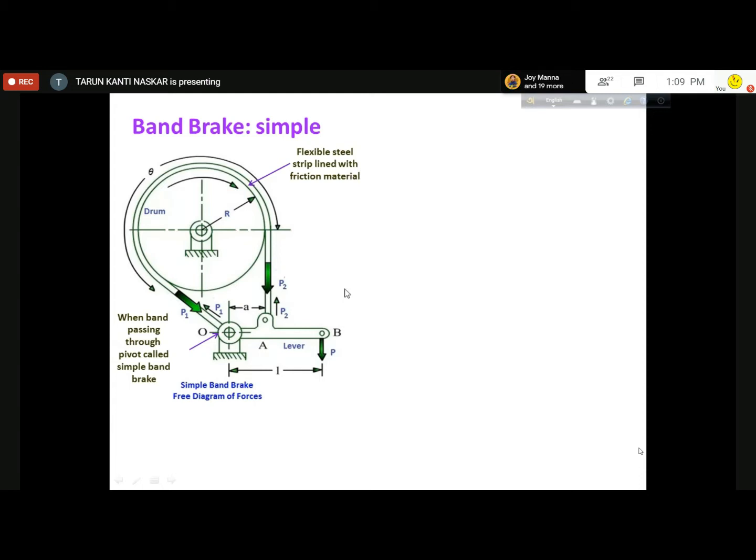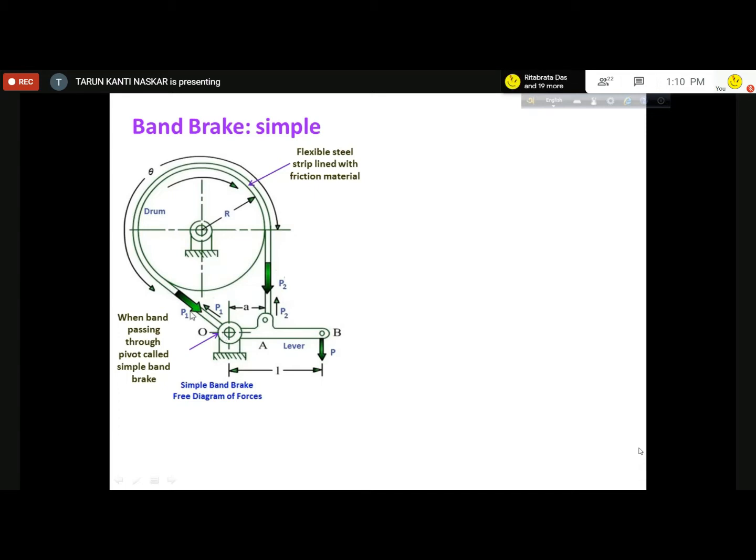Now there are two types. One is simple, and it is called simple when one end of the band passes through the fulcrum of the lever. So this is a simple band brake and the free body diagram.